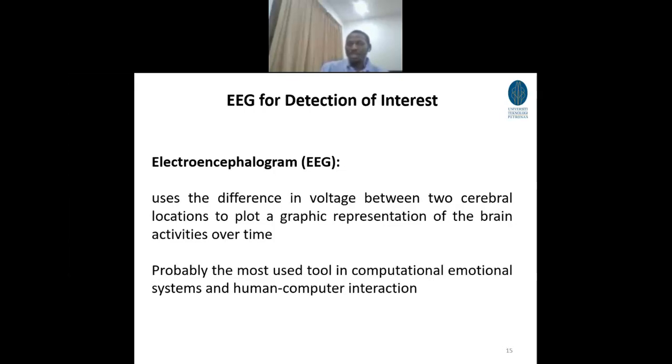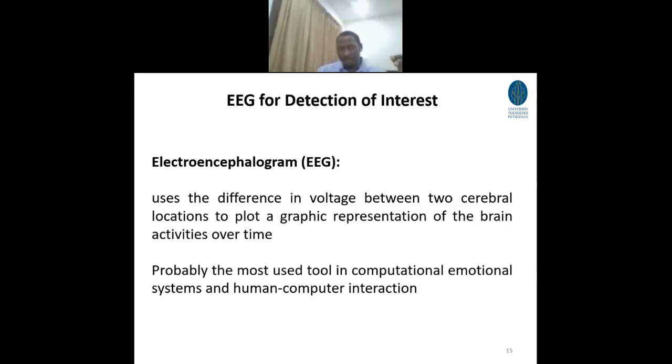So we can get the signal between different places. Depending on how many channels, which means how many places you are measuring, you get different signals. Those signals represent how the brain is working. Then we have to process these signals for different targets.